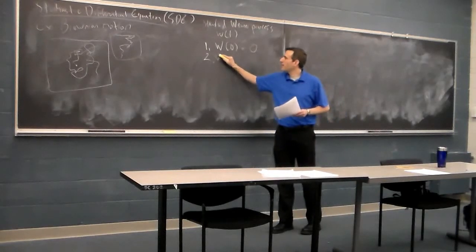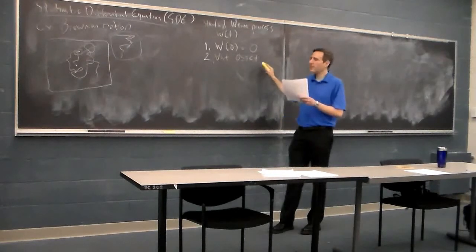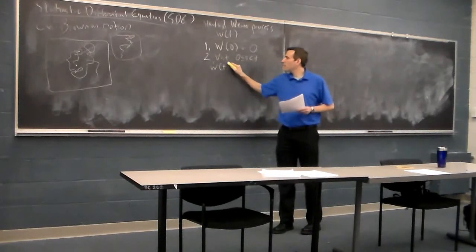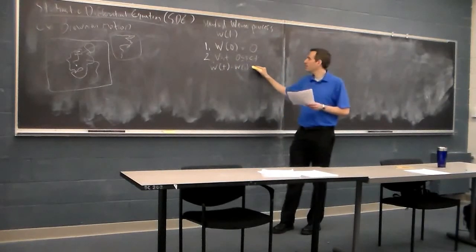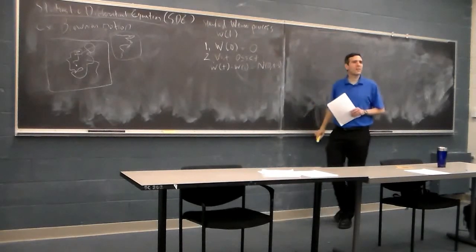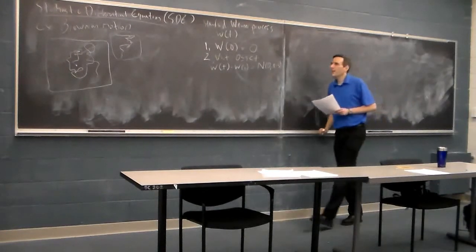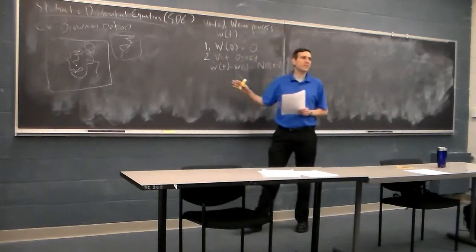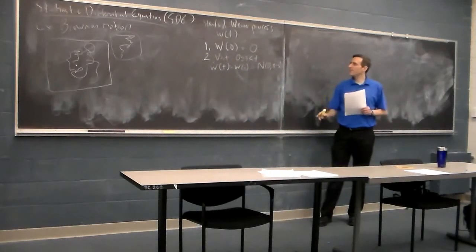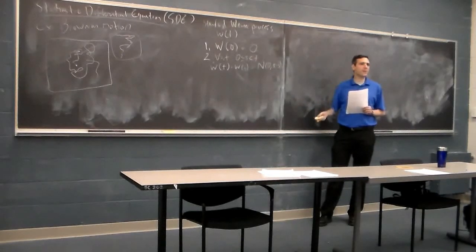The second one, which is not so straightforward, but is a key assumption of this kind of model, is that for any times s and t, such that 0 is less than or equal to s, less than t, we have the property that W of t minus W of s is described by a normal random variable with mean 0 and variance t minus s. This is part of the definition of this kind of noise process. What it's saying is that if we look at the particle at time s and then look at it again at time t, the distance it's traveled is described by a normal random variable, and the variance of it is proportional to the time that's elapsed.